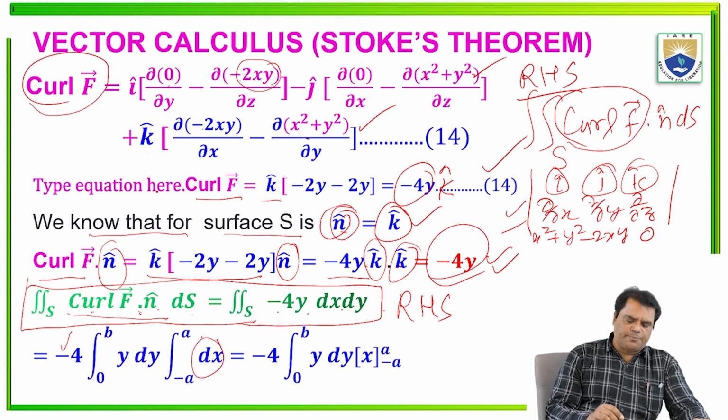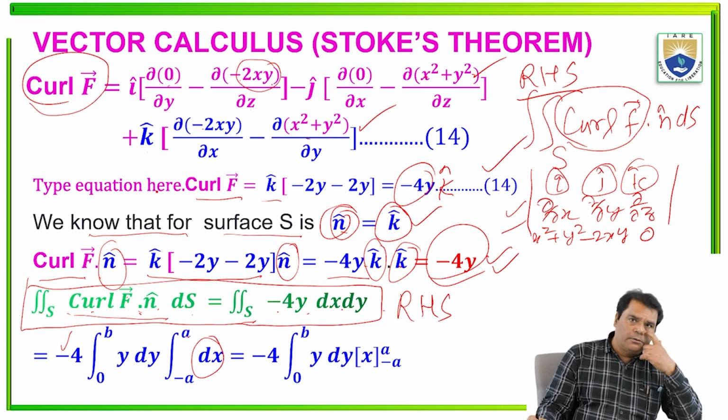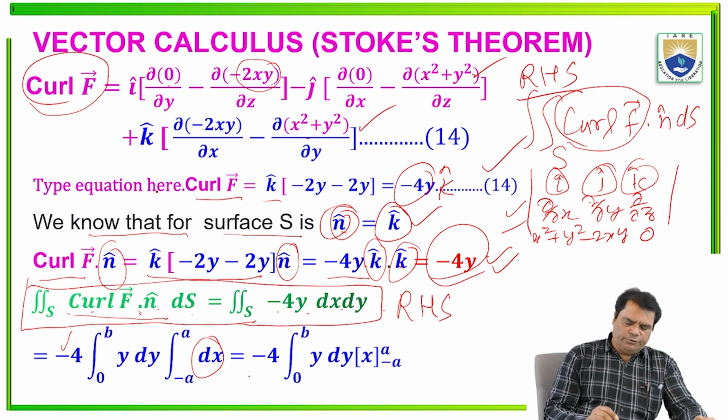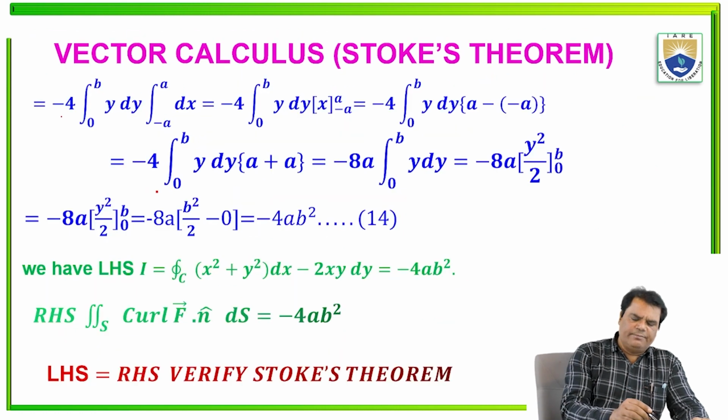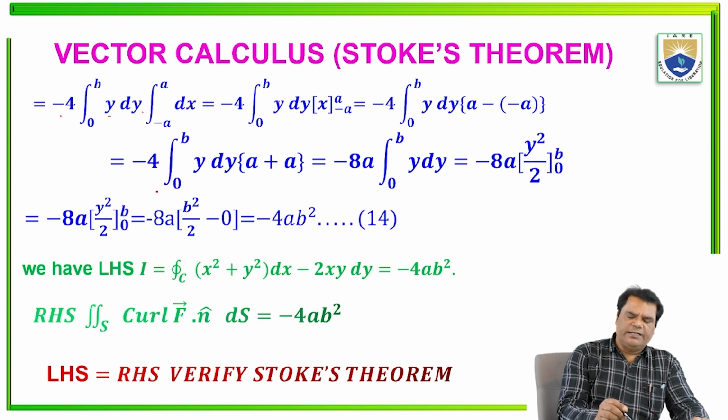We integrate with respect to x first. So minus 4 y dy integration dx, 1 dx here. So integration is x. Apply limit minus a to a. So we get minus 4, 0 to b, y dy, x from minus a to a.